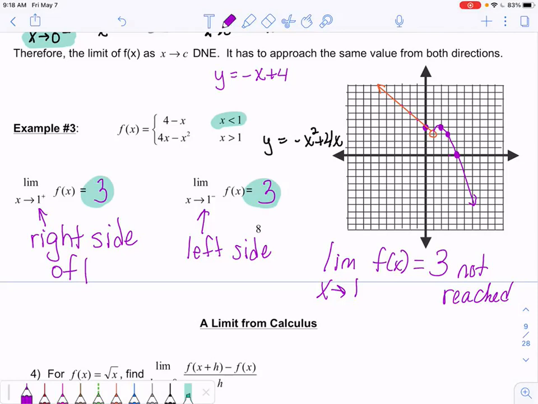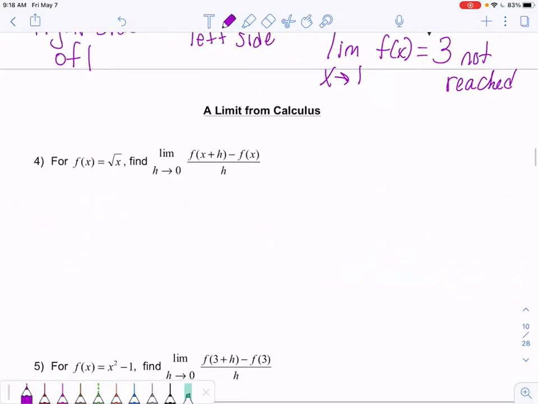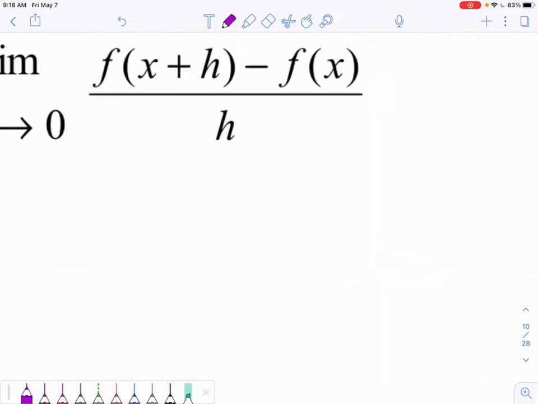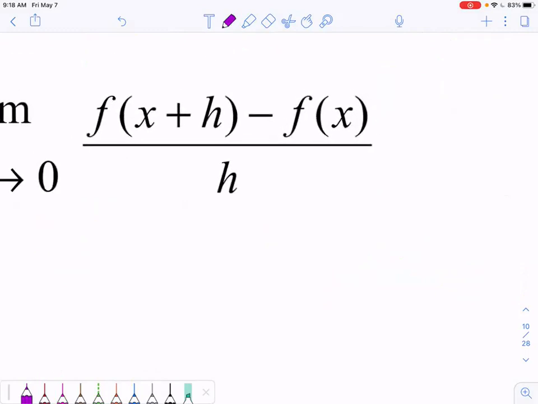So the last thing that we're going to look at today is a limit from calculus. And if you look at number 4, just look at that part right there. f of x plus h minus f of x all over h. Does anybody recognize that?